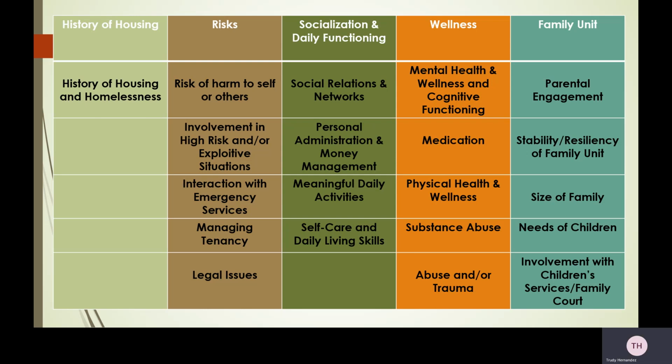Risks, we look at risk of harm to self or others, involvement in high risk and or exploitive situations, interaction with emergency services, managing tenancy, legal issues, socialization and daily functioning, looks at social relations and networks, personal administration and money management, meaningful daily activities, self-care and daily living skills. And I'll let you guys take some time to look at those components within wellness and family unit.